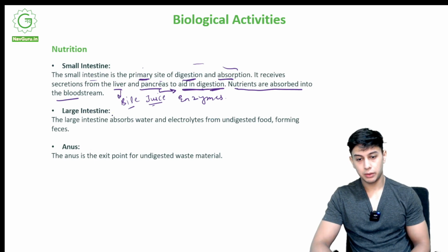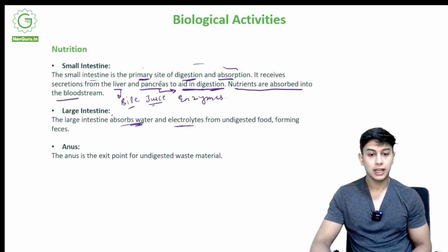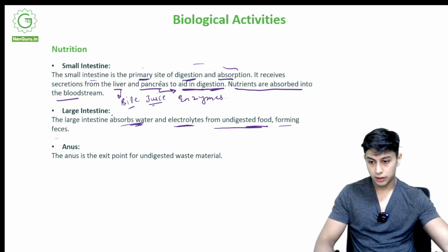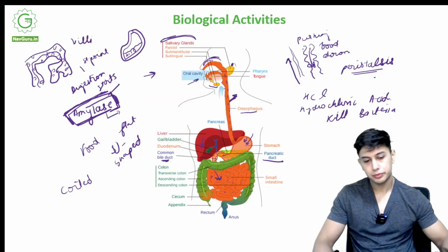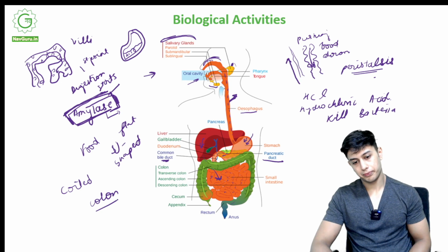Large intestine. Now we come to the large intestine. The large intestine absorbs water and electrolytes from undigested food, forming feces. The large intestine is also called the colon.